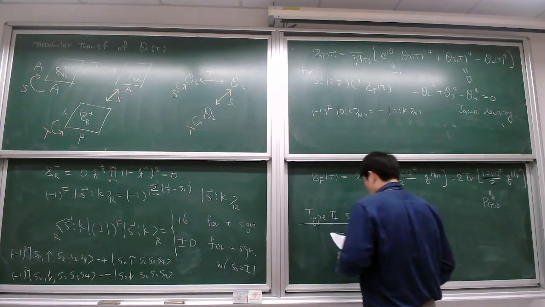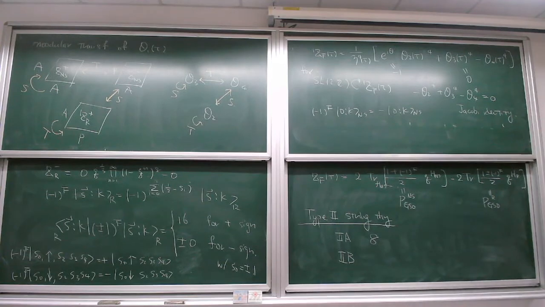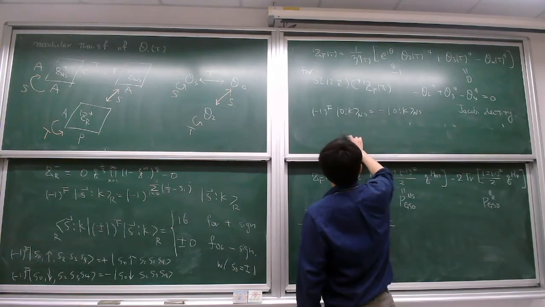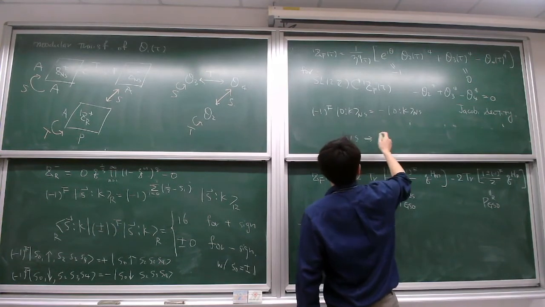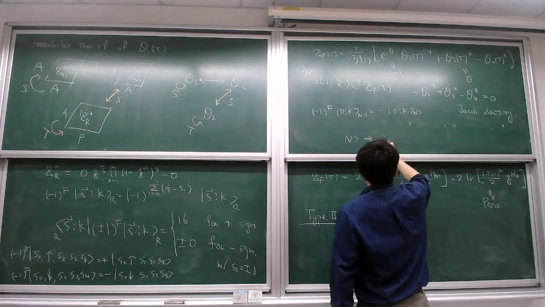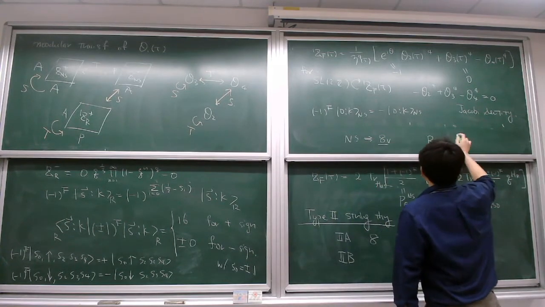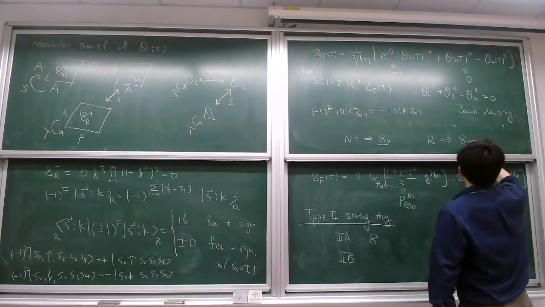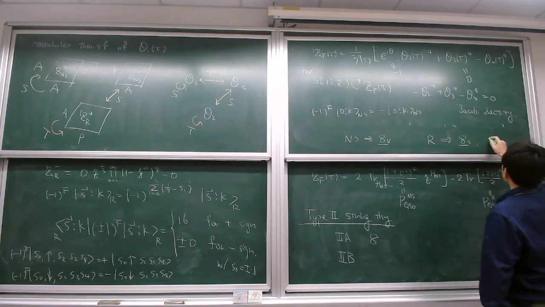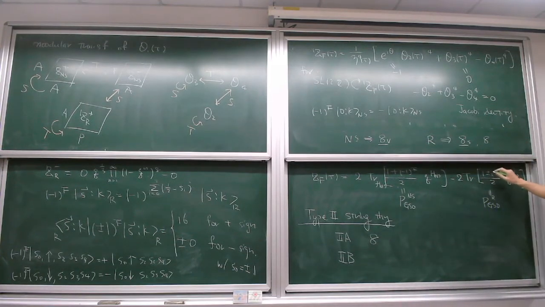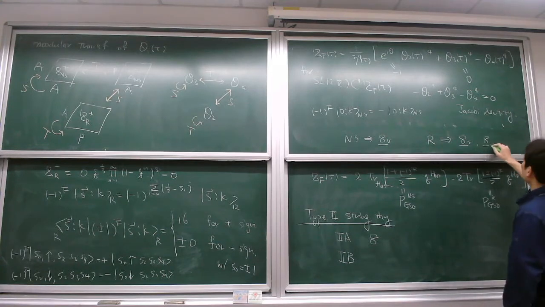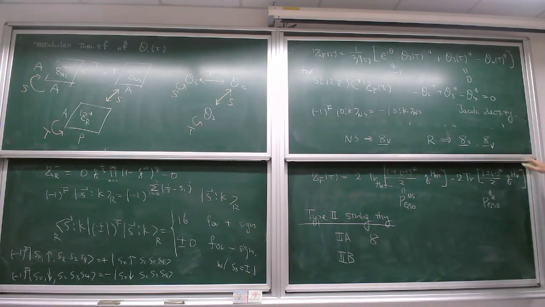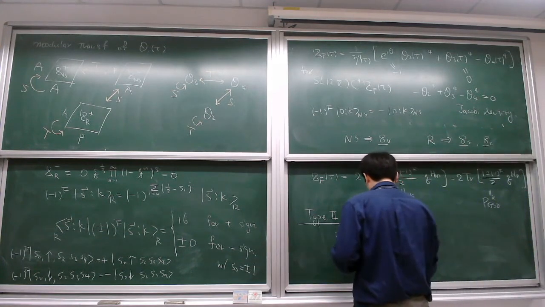As I mentioned, you have the NS vacuum, which is tachyonic. Then the massless state becomes 8V. For Ramond, you have two choices, 8S or 8C, depending on the GSO projection, plus or minus sign. So you have two choices.